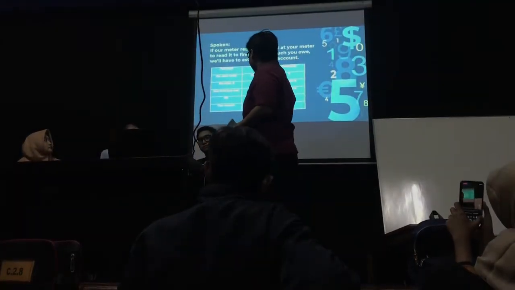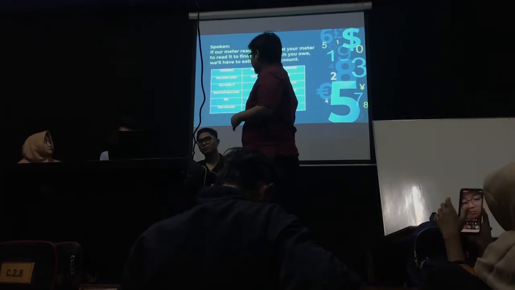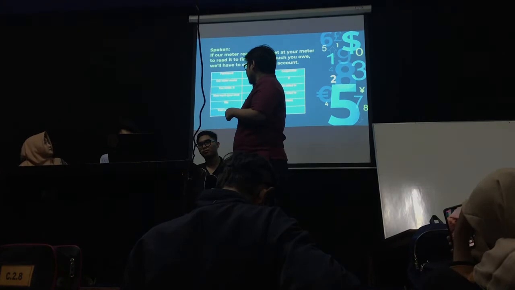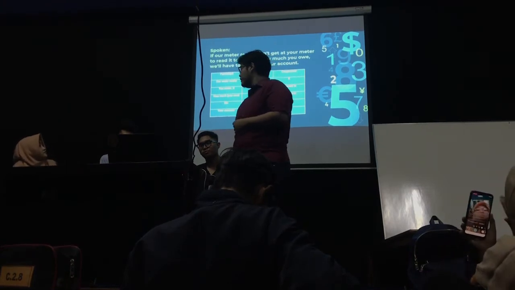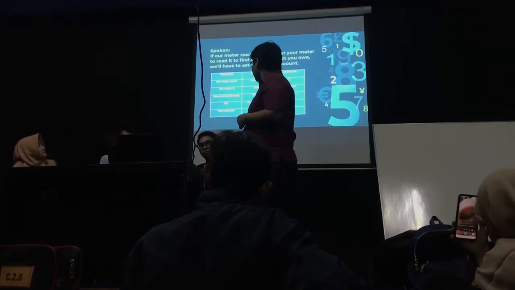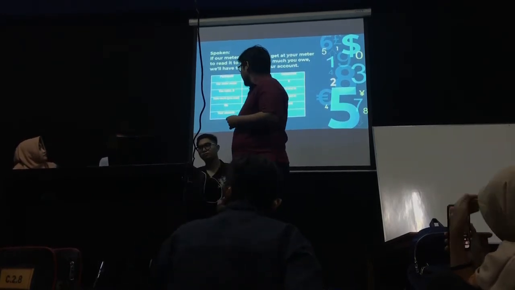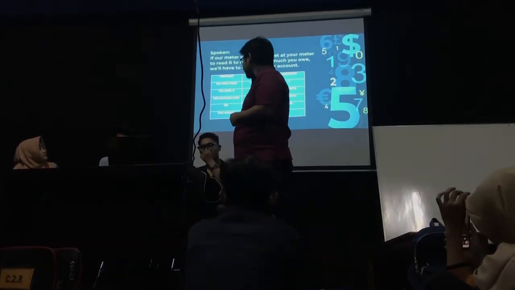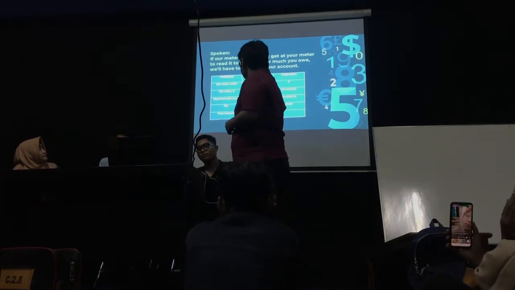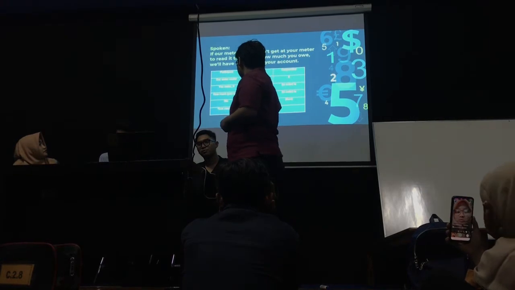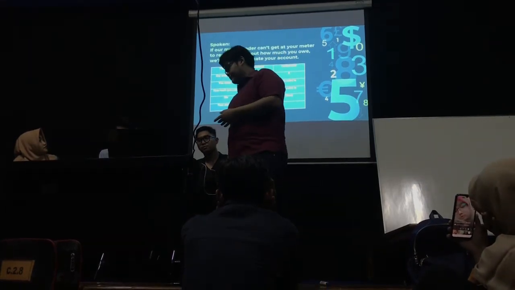The participants are our meter reader, your meter, it, how much you owe, we, your account. And the processes are can't get at, read, find out, have to estimate. The conjunctions are if, in order to, and then.